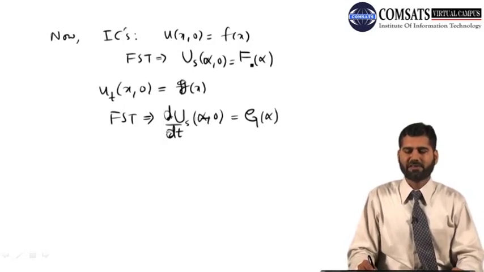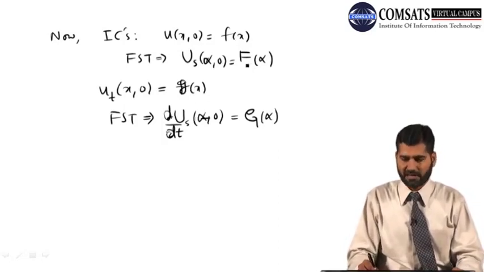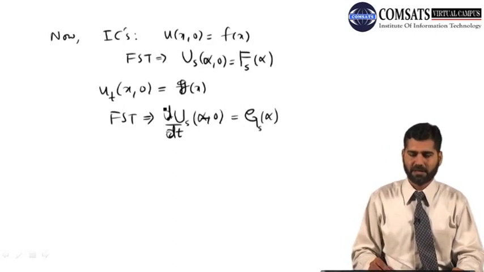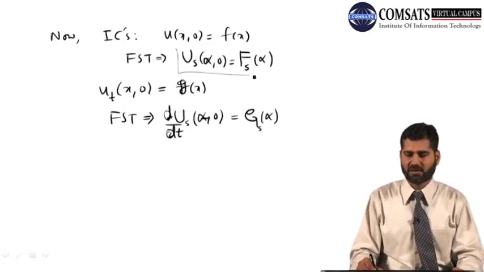These are the Fourier sine transforms of small f and g, so maybe you can write F_s and G_s, where S indicates the sine transform. So these are the two initial conditions now.